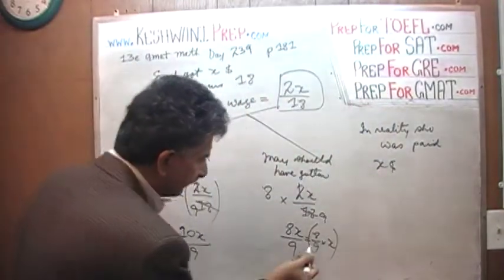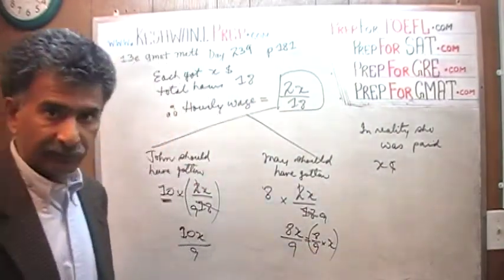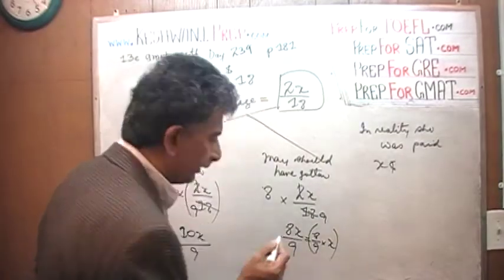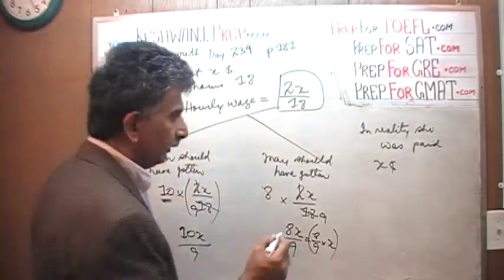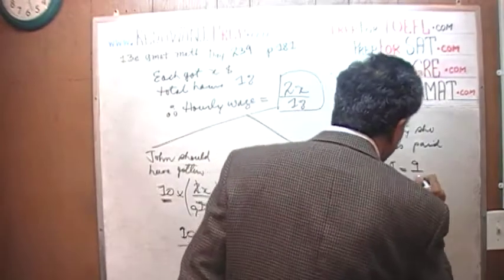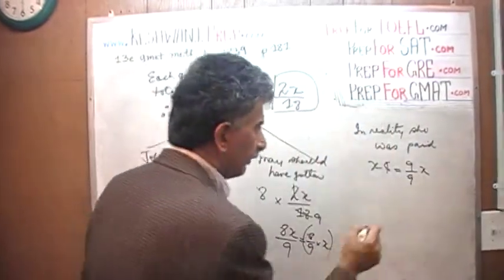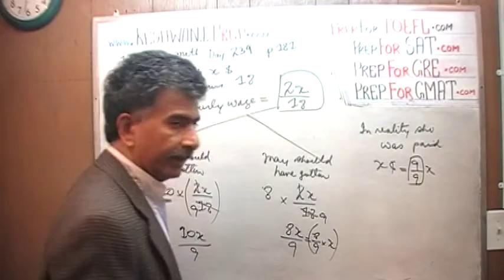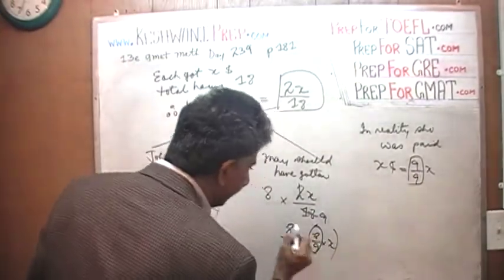She should have gotten 8/9 of an X. She did not get 8/9 of an X. She got X dollars, which of course is the same as 9/9 of an X. She should have gotten 8/9 of an X.